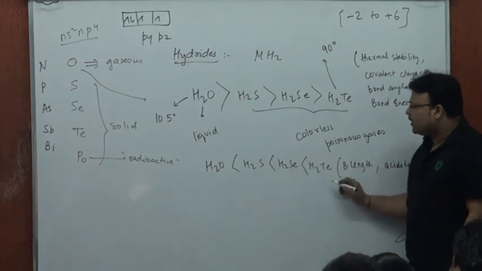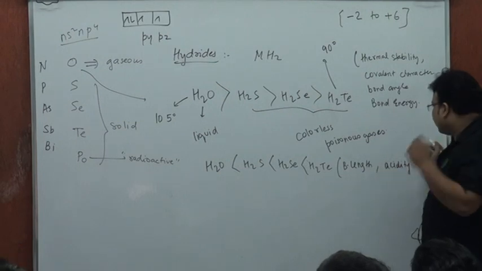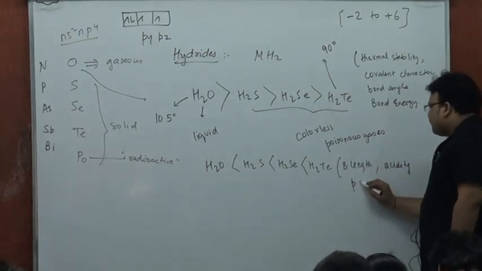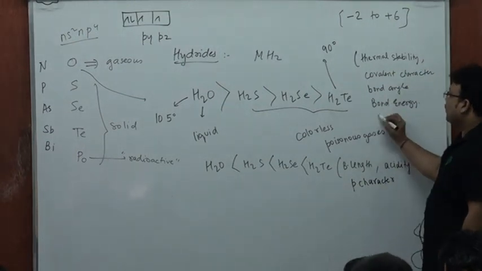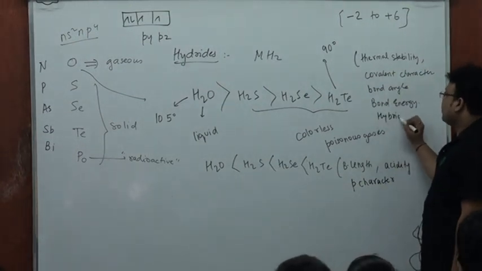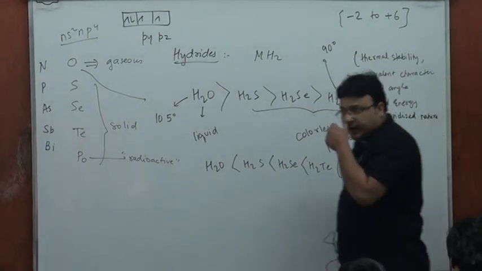So moving down as the bond angle is decreasing, I might very well say that these bonds, we've talked about bond length and all, this also is the order of p character in these bonds, and this might be taken as the order of hybridized nature of these bonds. Fair enough?